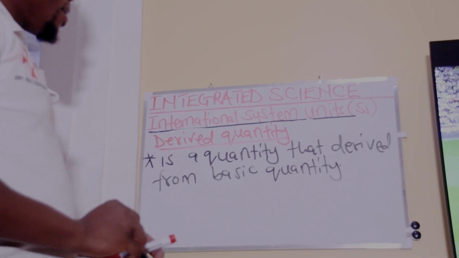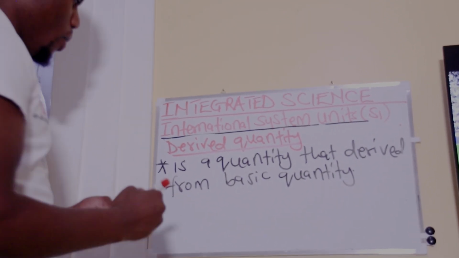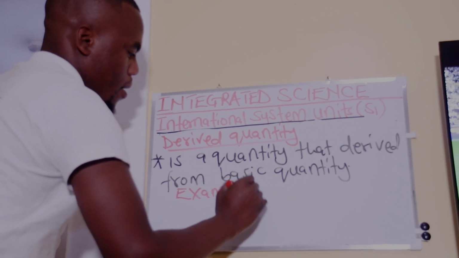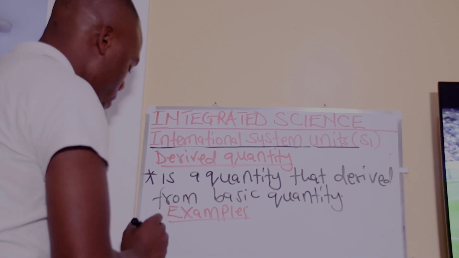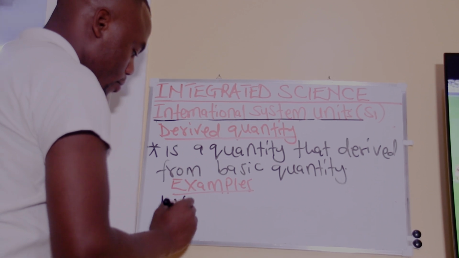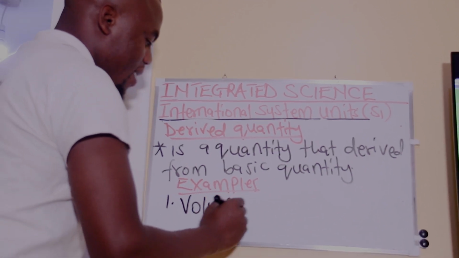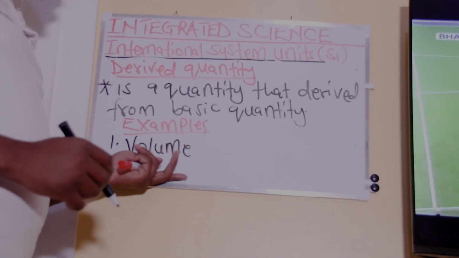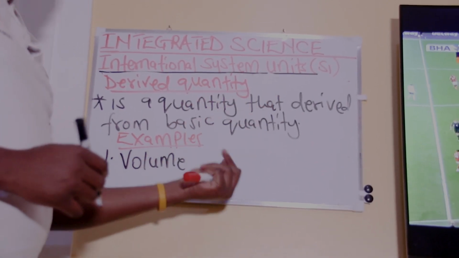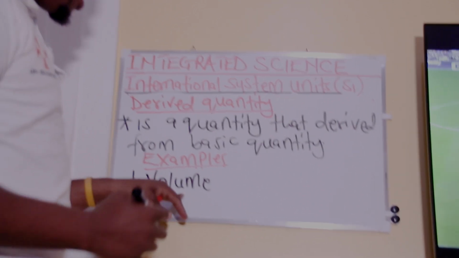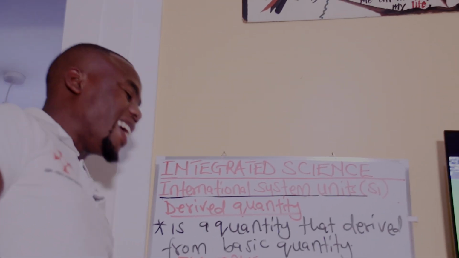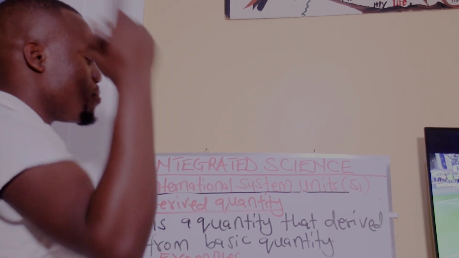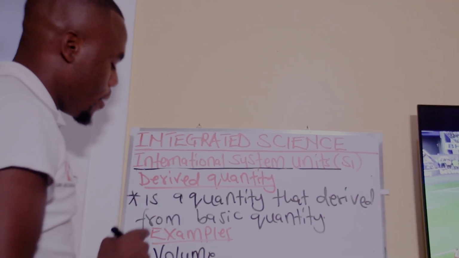Examples of derived quantities: one is volume. For you to call it derived, this means you have to extract some measurement from the basic quantity. Like for example, finding volume, you have to extract the length, the width, and the height, which is the measurement that is basic from the previous explanation.